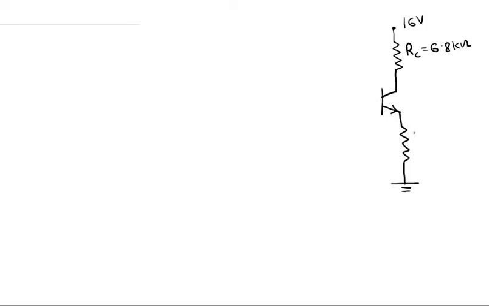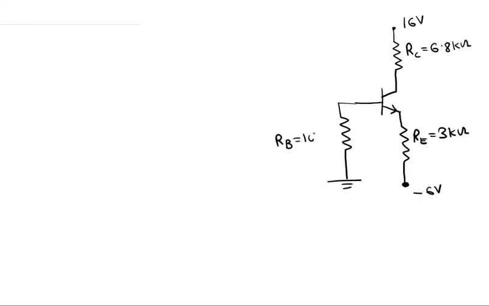Then this resistor RE is equal to 3 kilo ohms. Sorry, this is not connected to the ground, but to a minus 6 volt source. Then we have this base resistor over here, which is grounded, and RB is equal to 10 kilo ohms.